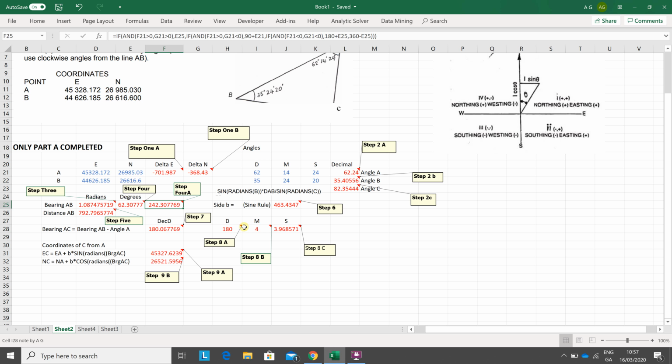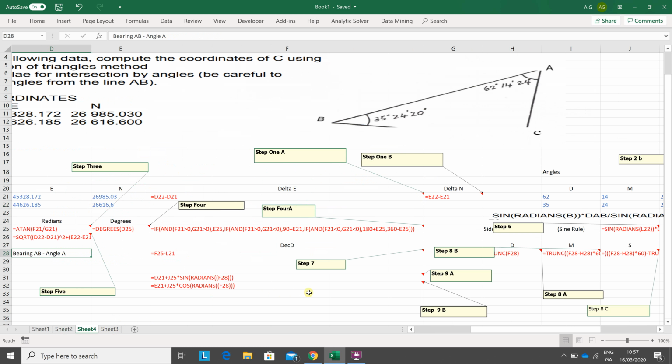Okay, so there we are. Next thing is to get side B from the sine rule, and your man goes through it as well. So I'm not going to go through the maths line by line, just go out to there. That is J25. Sorry about that. J25 is out there.